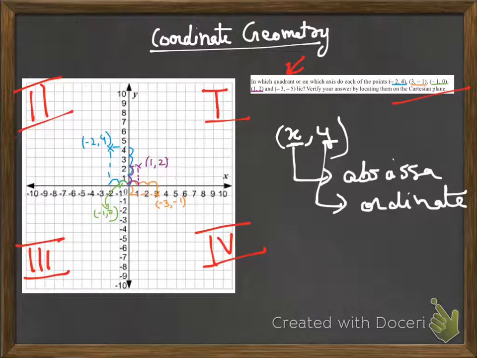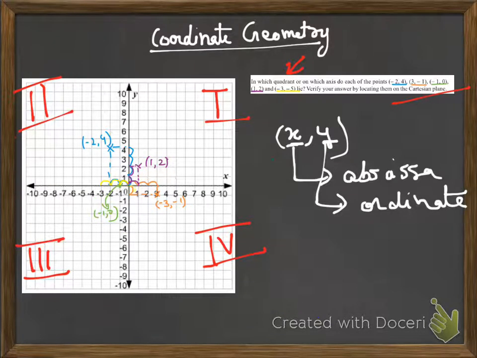And the fifth point is (-3, -5). Let's give it a fluorescent yellow, that should make things light up. On the graph we go -3 on the x-axis. Again we go horizontal first, so it's -3, 1, 2, 3, and then we go -5, so we have to go down, and this is minus.